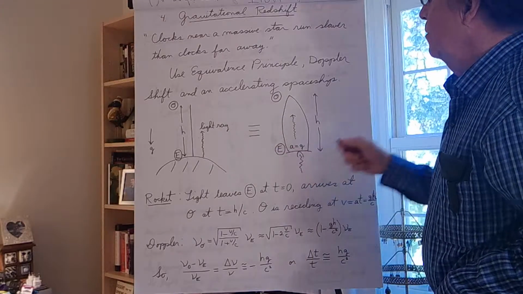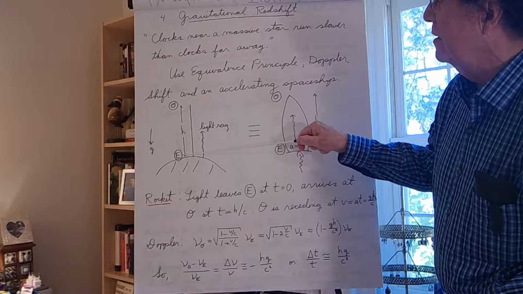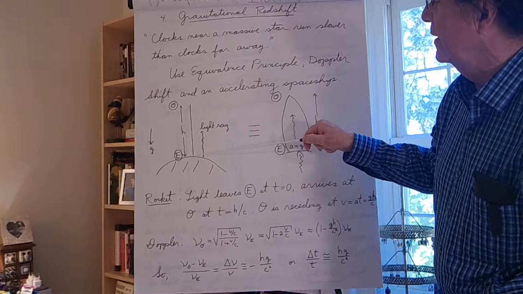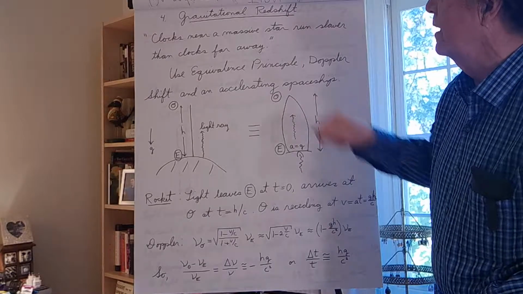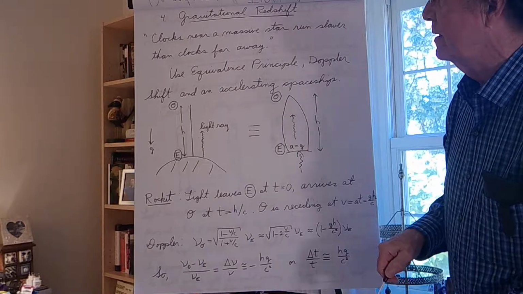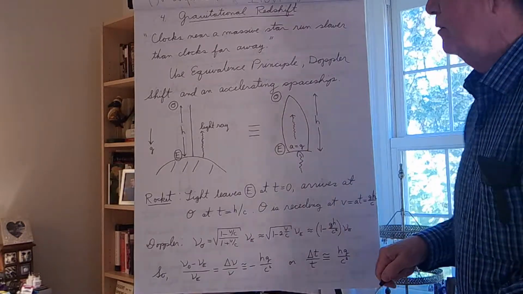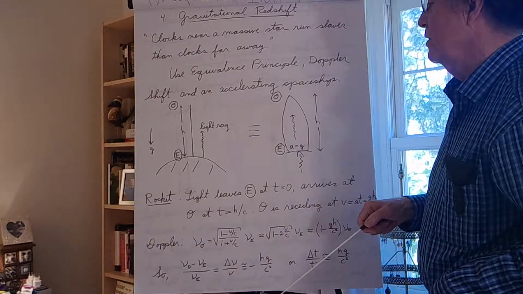Okay, so we'll start here with a situation of an emitter or an observer sitting on this planet, and sending a light ray up to an observer at a higher height. So gravity is acting, acceleration of gravity is acting downward, and it's approximately uniform over this region.